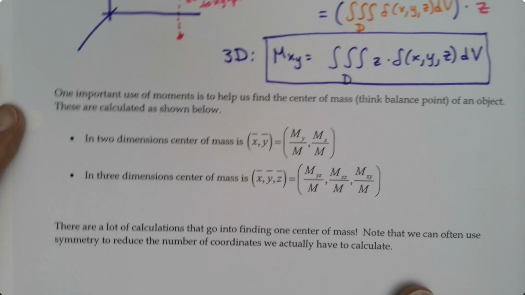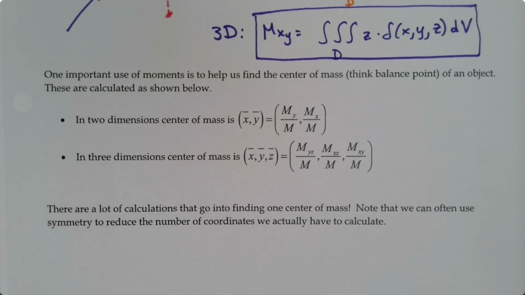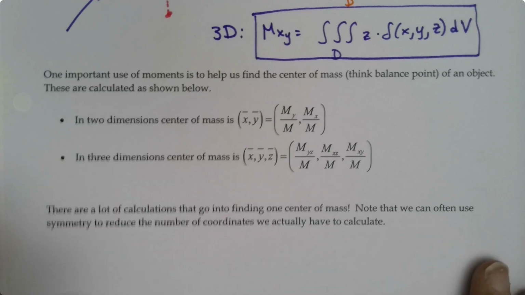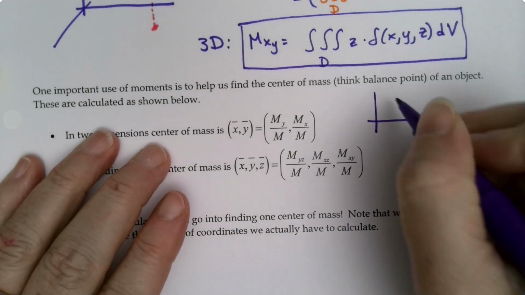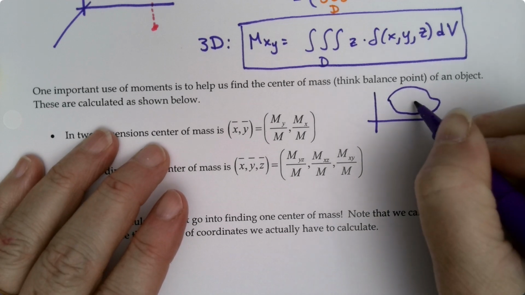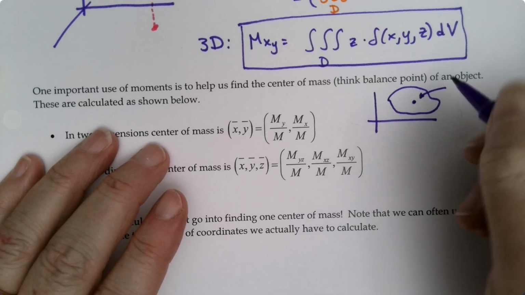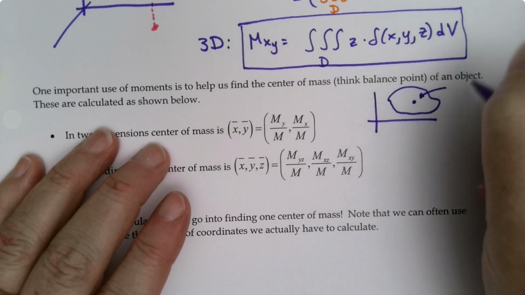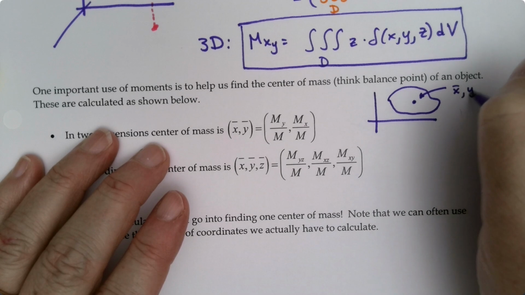So one of the best applications for those moments is to be able to find the center of mass, which would be the balance point where you could get it to balance. So if you have a lamina, if you have some two-dimensional plate, right, then the spot where it would balance is x bar, y bar.